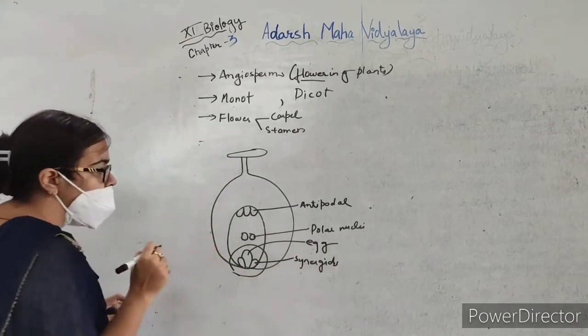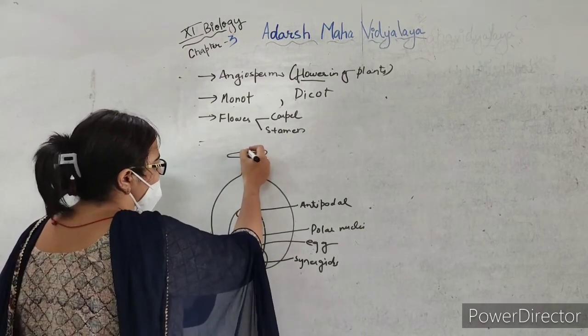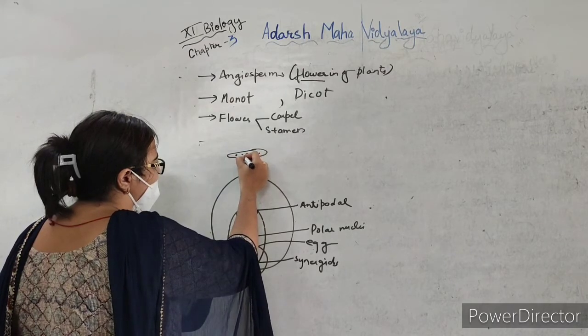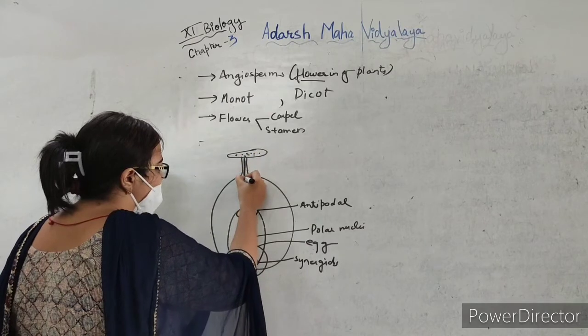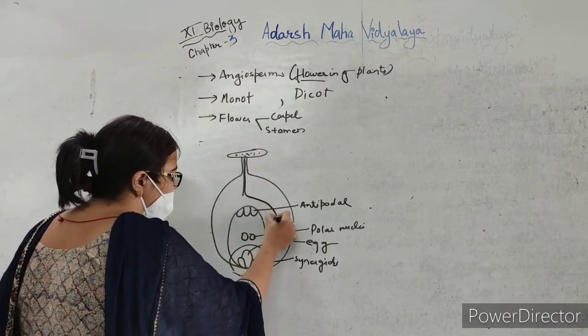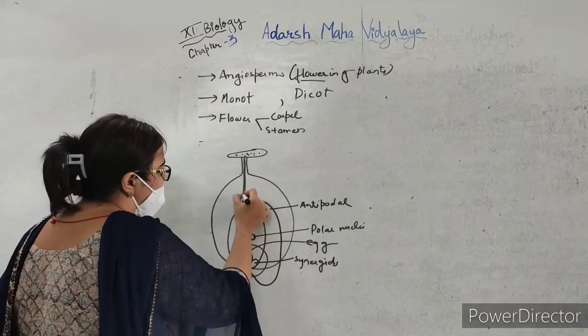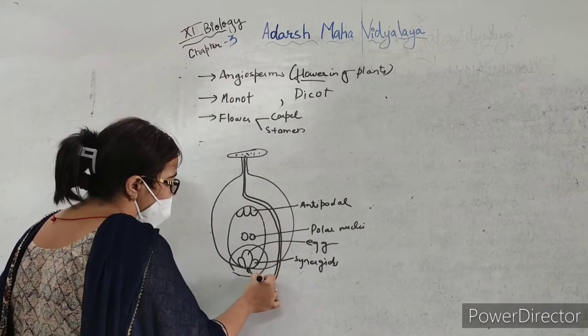Now what will happen? The pollen which is here will be fertilized, and a pollen tube will be formed. This is the pollen tube. The pollen will reach here, the micropylar end.